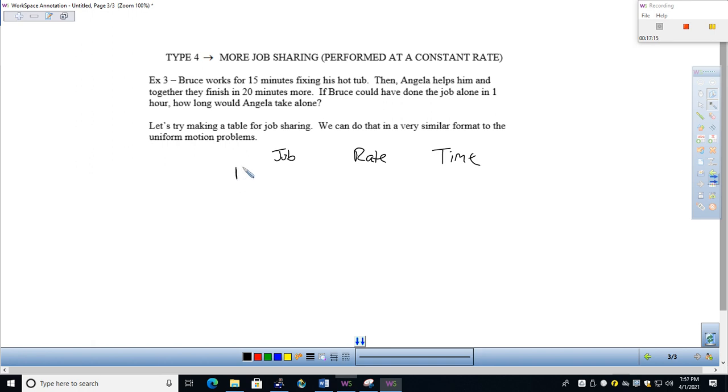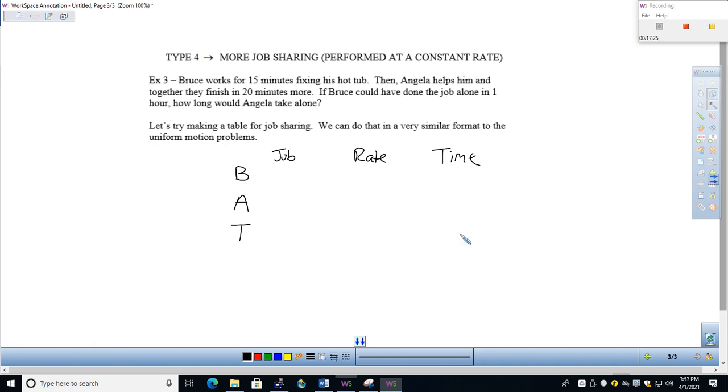With job sharing, remember, one person is working individually. That's Bruce. Second person working individually, that's Angela. And then job sharing, so at some point in time they work together, and so we've got Bruce, Angela, and together as our 3 rows going across here and here and here.